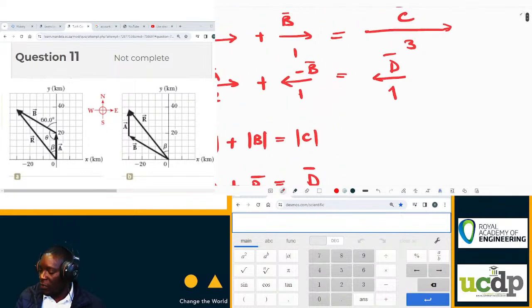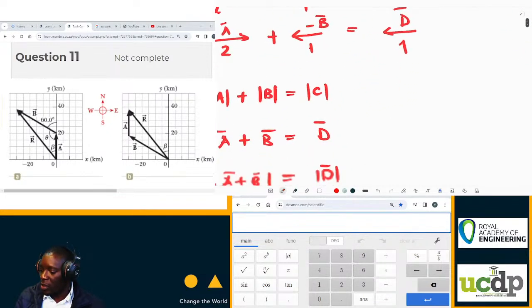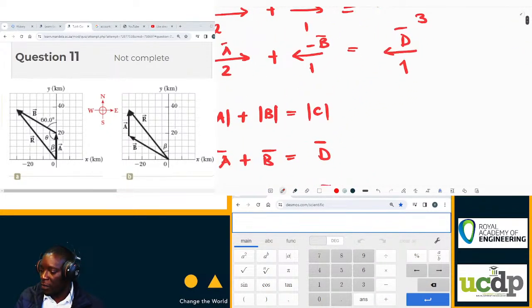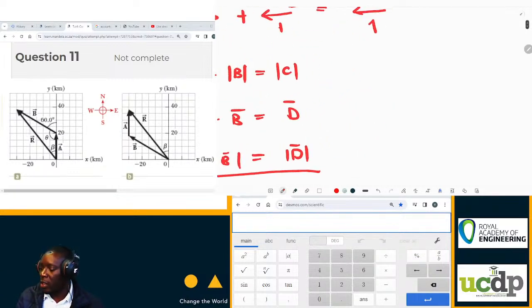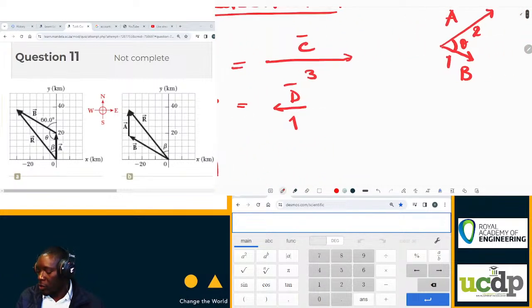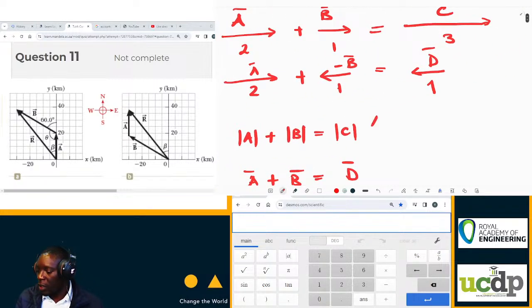So you have to be very careful in dealing with these vectors. But most importantly, if we combine the vectors, the magnitude of the combined vectors is the magnitude of the resultant. Okay, so this is a special case when this would apply.